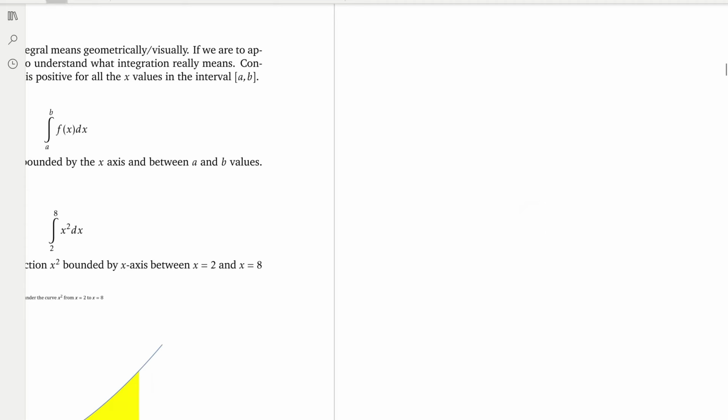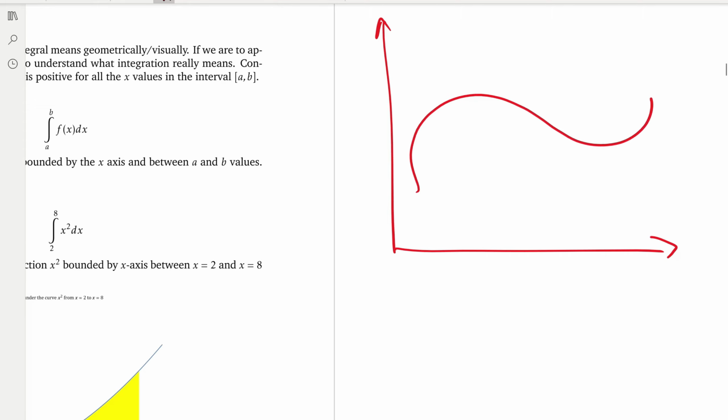Let's confine ourselves to positive functions. Let me draw a positive function. This is f, going from a to b. What does it mean to take the definite integral of f from a to b? It is the area under the curve f bounded by the x-axis.